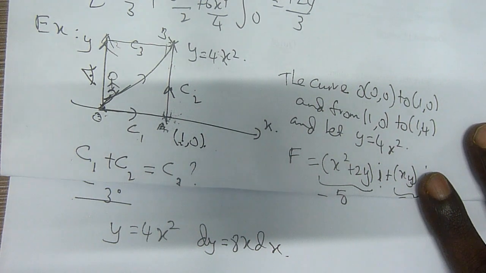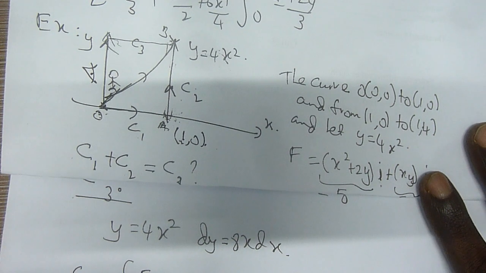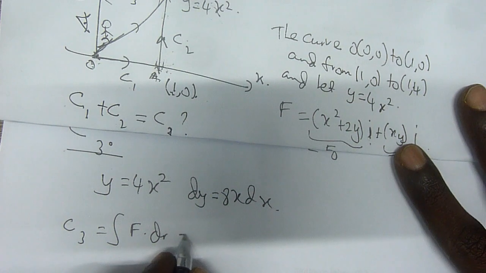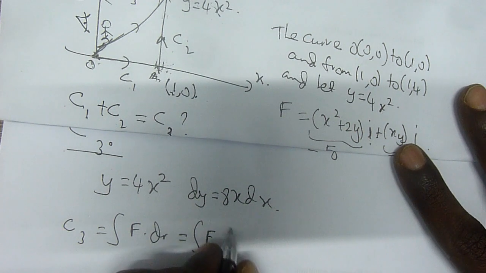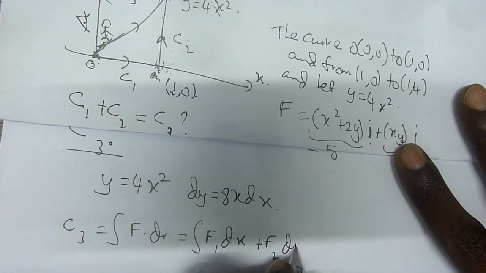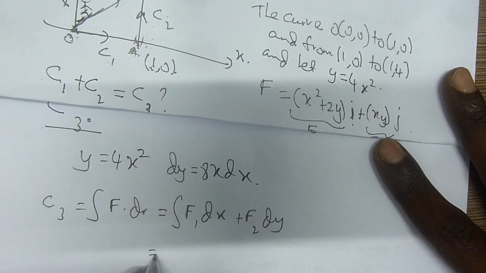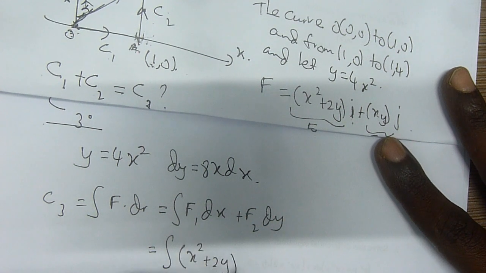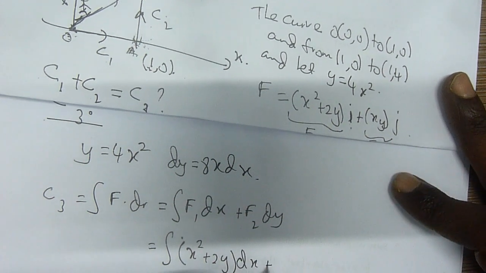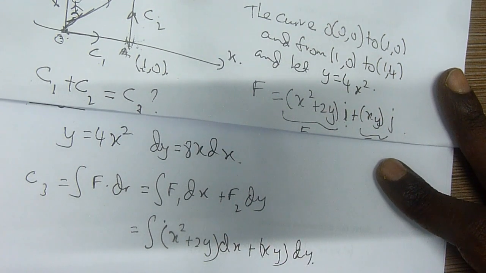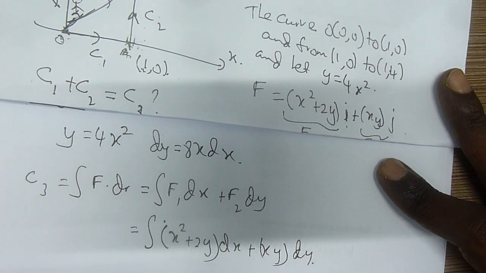Can I use F dot dr again for C3? We can use f1 dx, f2 dy. Place everything again: x squared plus 2y dx plus xy dy.